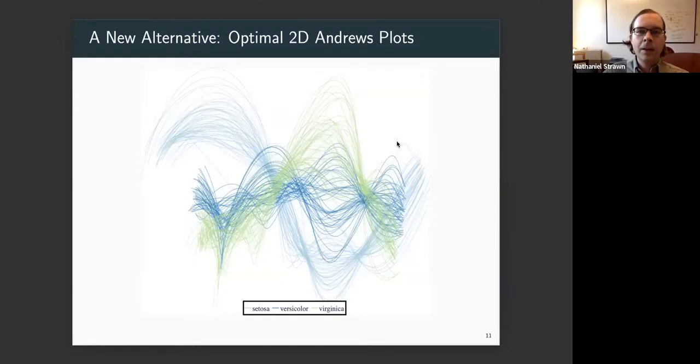So here's an idea. Instead of doing 1D functions in 2D, we're going to do functions from one variable to two variables, and then plot them in 3 dimensions. The idea is that if I have a curve in 3 dimensions and another curve, only rarely will they ever intersect.